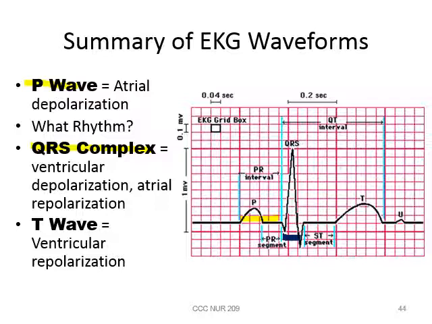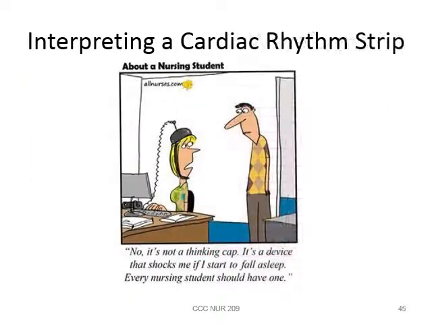We look at our ST segment. We're looking to see if it's elevated or depressed. We're looking at our T wave. We're looking to see if there's any peak in our T wave or if our T wave is inverted. And then we look at our U wave. Is there a U wave present as part of that process? Okay.